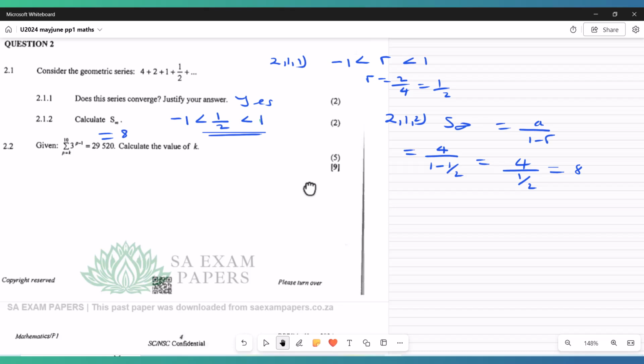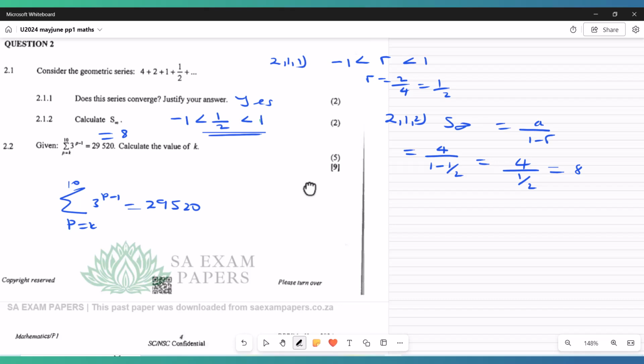Now they give us 2.2, given that the summation from p equals k up to 10 of 3 to the power p minus 1 equals 29520.